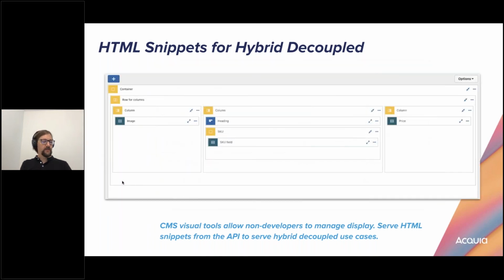This is the template that is created for that list view mode. So we have the image in one column, in the central column we have the title and the SKU, and then in the final column we have the price.